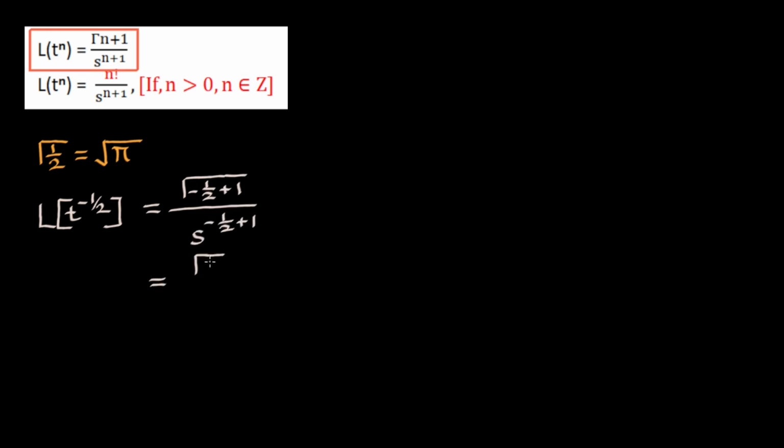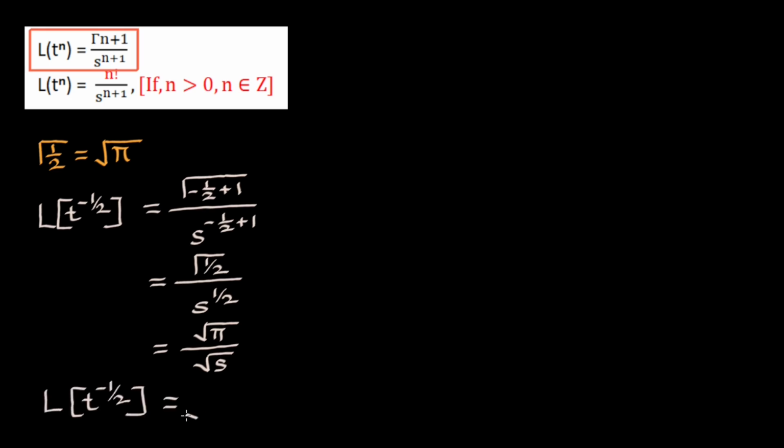This will be gamma half upon s raised to half, but gamma half is square root of pi upon square root of s.